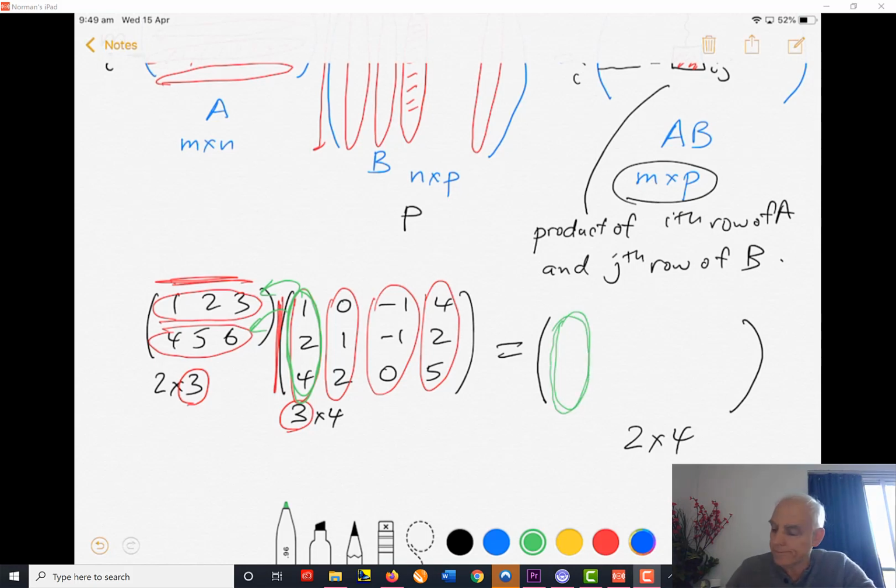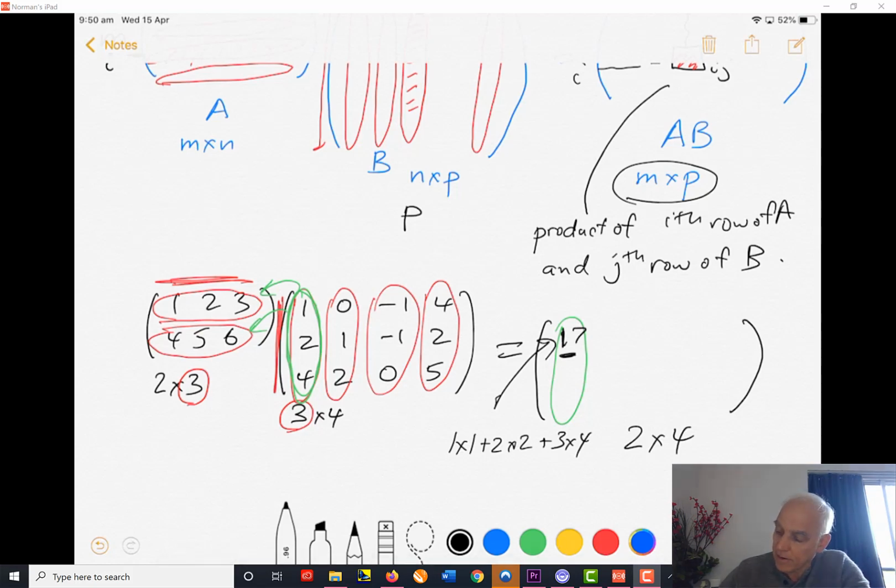Let's do that. All right, so this first entry here, which I'm going to compute, is going to be a number which is 1 times 1 plus 2 times 2 plus 3 times 4. Okay, which is 1 plus 4 plus 12. 1 plus 4 is 5, plus 12 is 17. So there's 17 that goes right there.